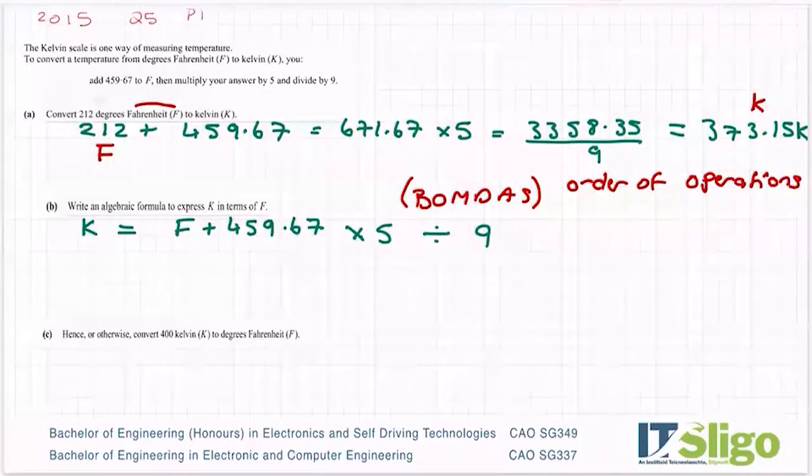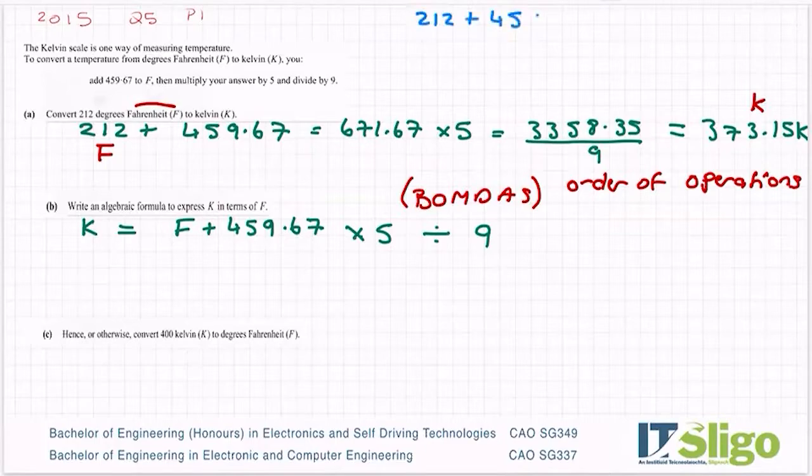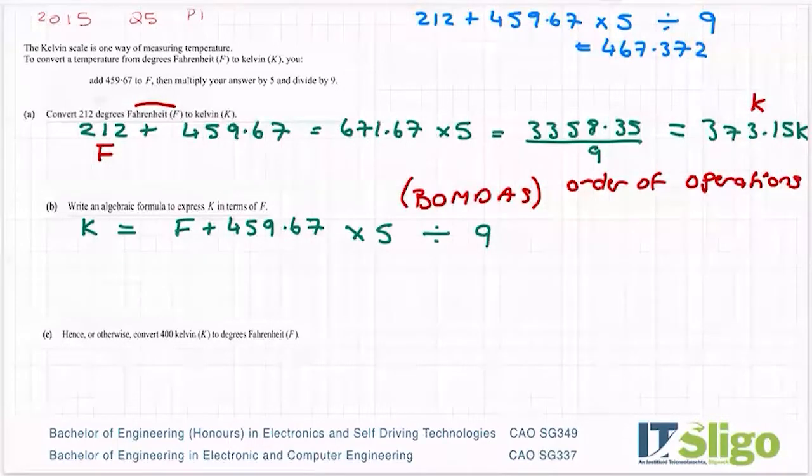Well, if I come up here and I do 212 plus 459.67 multiplied by 5 divided by 9, okay, if I did it all in one go like that, what I want you to do with me is to put that into your calculator exactly how it's written, because your calculator is programmed with the rules of BOMDAS, okay, you will get 467.372, okay, and where is that coming from?